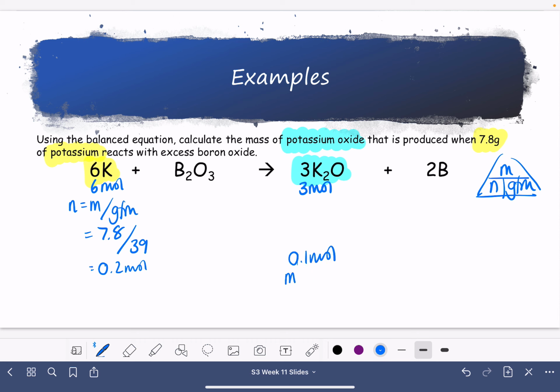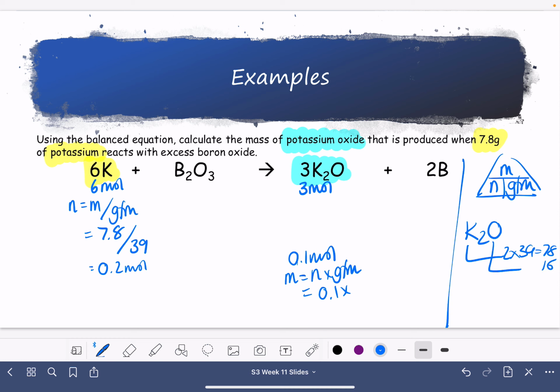But what's the mass of that? Well, mass is number of moles multiplied by the gram formula mass. So that's going to be 0.1 multiplied by, let's calculate it for potassium oxide. We haven't done that. So K2O, we've got 2 times 39, which is 78, plus a 16, which is 94.